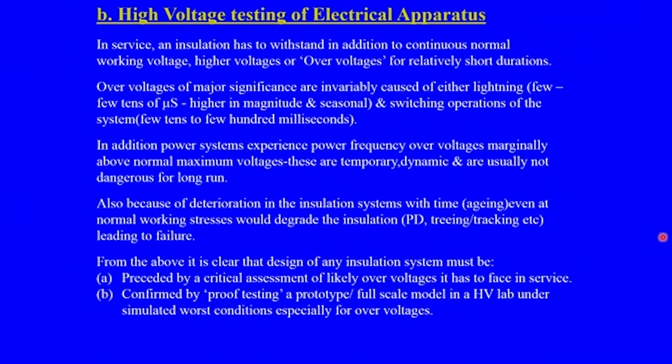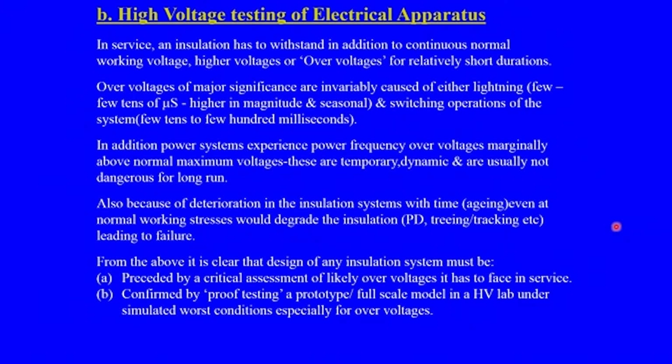And switching operations of the system could lead to switching surges. These switching surges could last a few tens to a few hundreds of milliseconds. So, these are the over voltages which the insulation has to withstand.